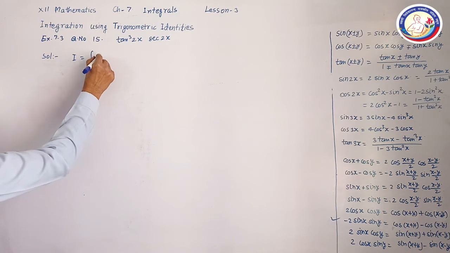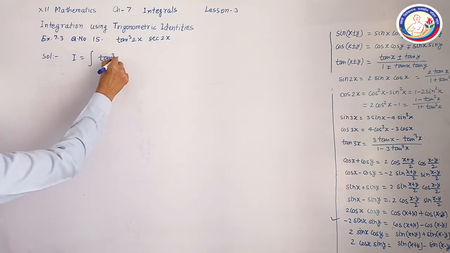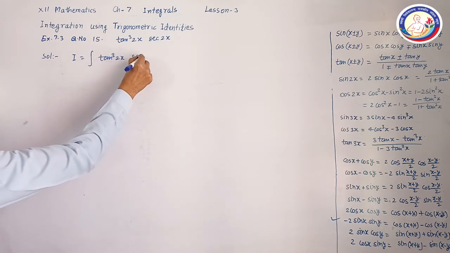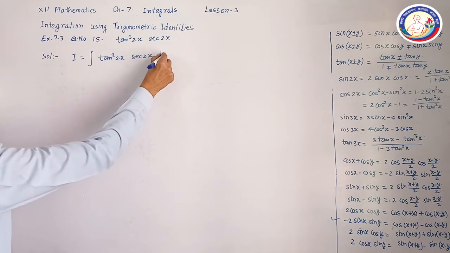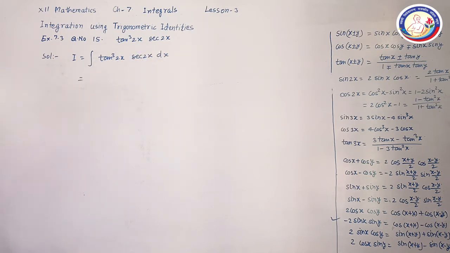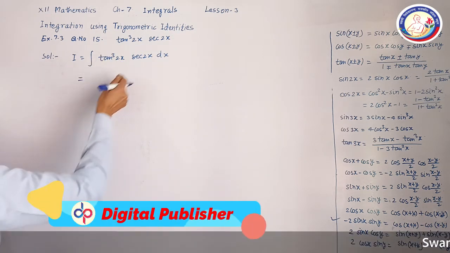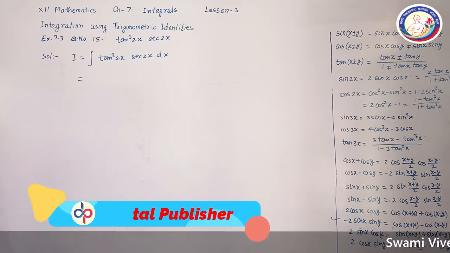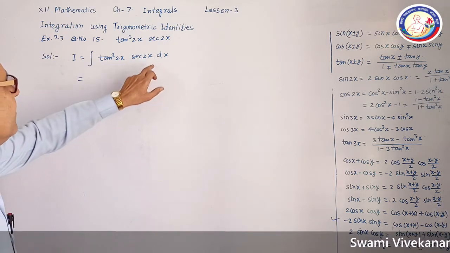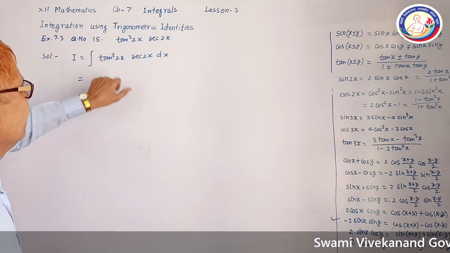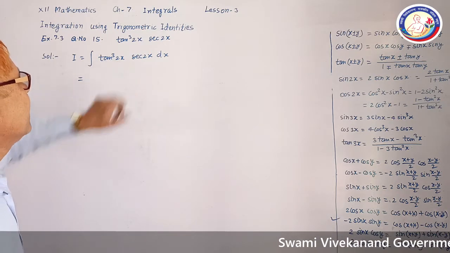Integral is tangent cube 2x into sec 2x dx. Break this in two parts, tangent cube 2x. We can write it or change it in t. It will be easier for us. We will use function t for 2x.